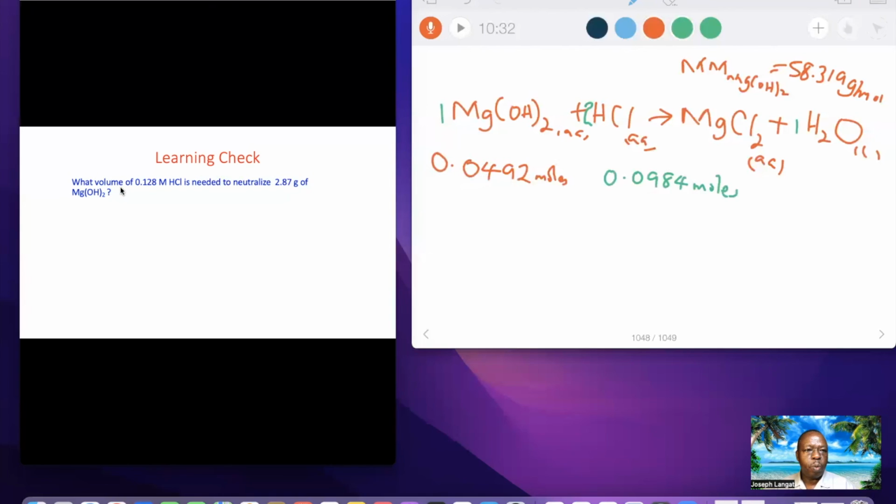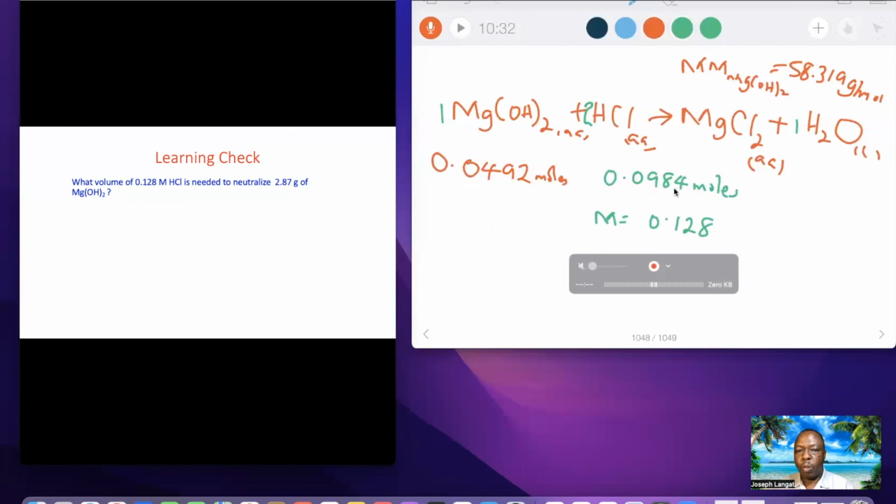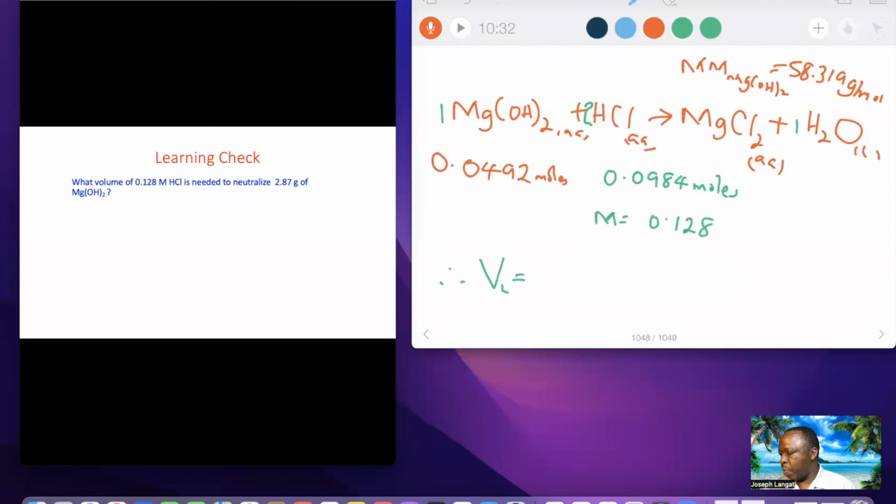What volume of 0.128 molar HCl? So I know the molarity. Look at this. Molarity equals 0.128. Remember, we are almost getting there. We know the molarity. We know the number of moles. Therefore, volume, and remember volume in liters is given by number of moles over molarity. This is volume of HCl, by the way.